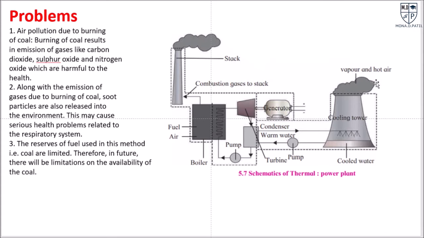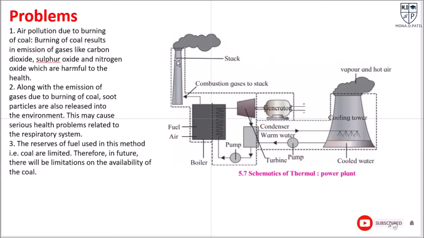Compare the schematic of the thermal power station with the block diagram here, and you will understand how the boiler, turbine, generator and condenser are arranged in the power station. After combustion of fuel in the boiler, the emitted gases are released to the atmosphere through a very high tower, which is shown here.